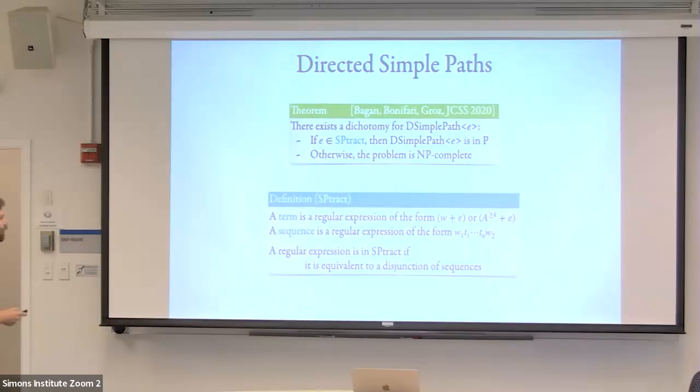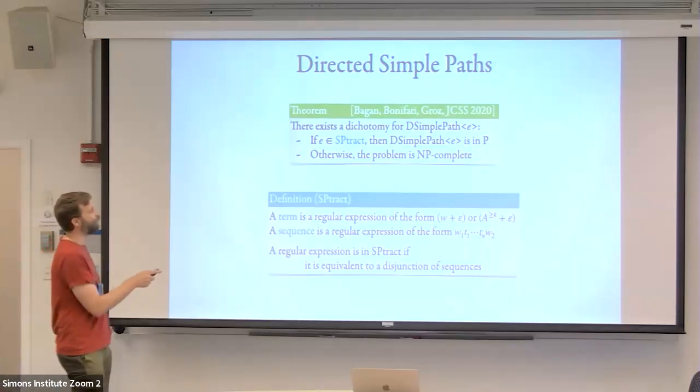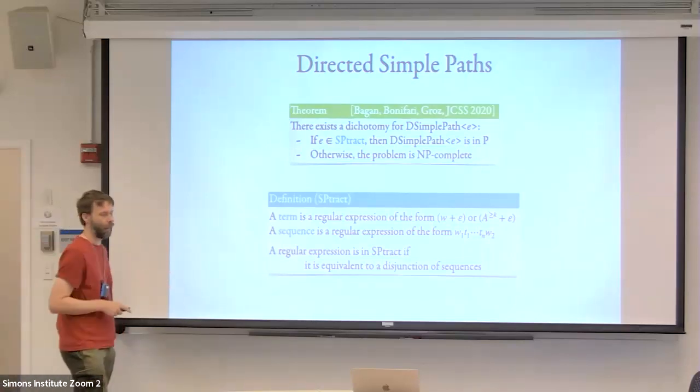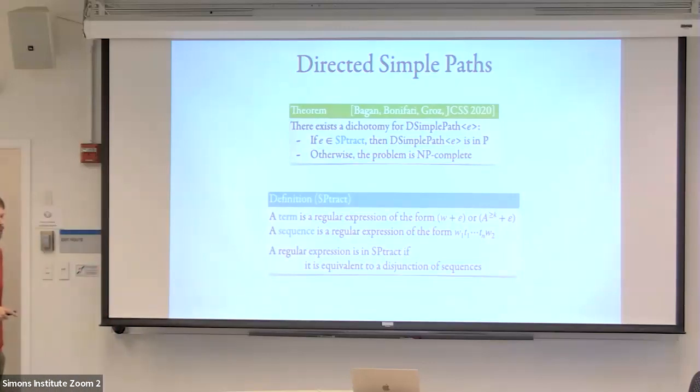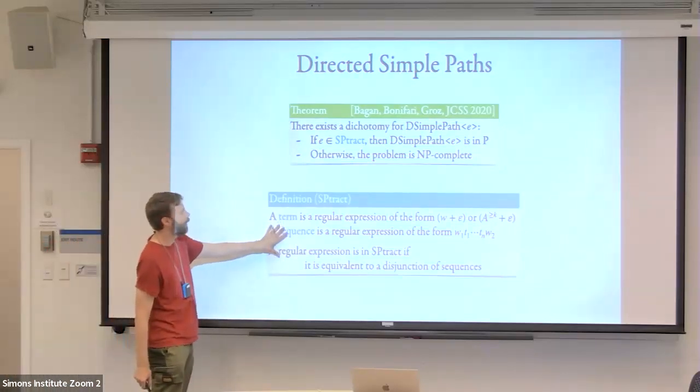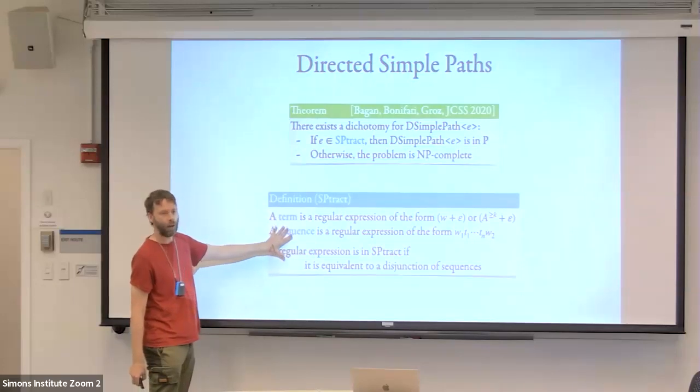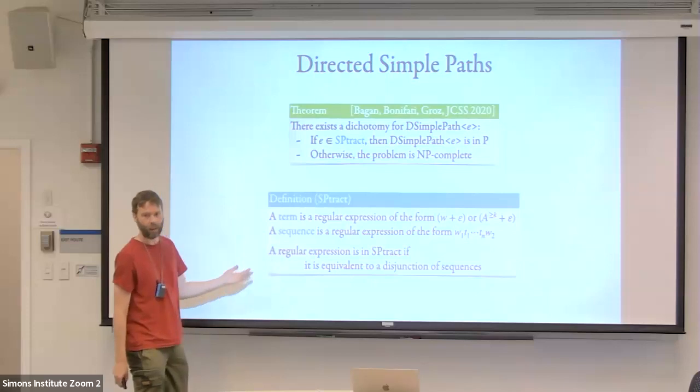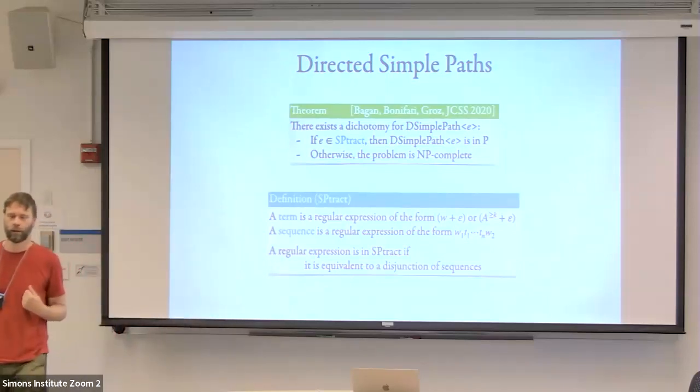And now they say that a regular expression is in the good class, the tractable class, if it is equivalent to a union or disjunction of these sequences. That's the tractable class. And then the result is: for every language that you can write like this, your simple pathfinding problem is tractable, and for every language that you cannot write like this, the problem is NP-complete.